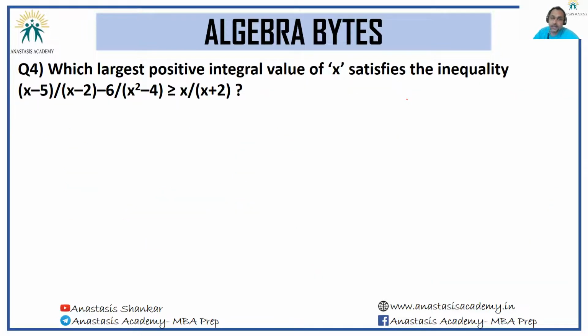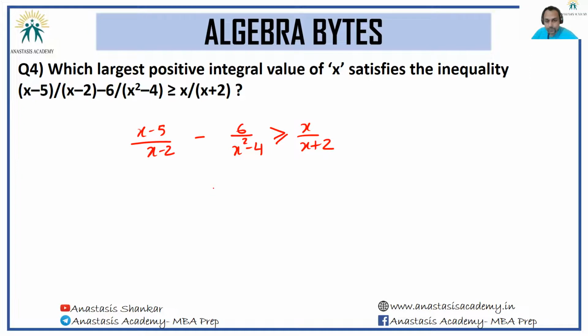Next, which largest positive integral value of x satisfies the inequality? This. Okay. So x minus 5 by x minus 2 minus 6 by x square minus 4 is greater than equal to x by x plus 2. Hopefully denominators everywhere give you the idea. A minus b, a plus b is in play.